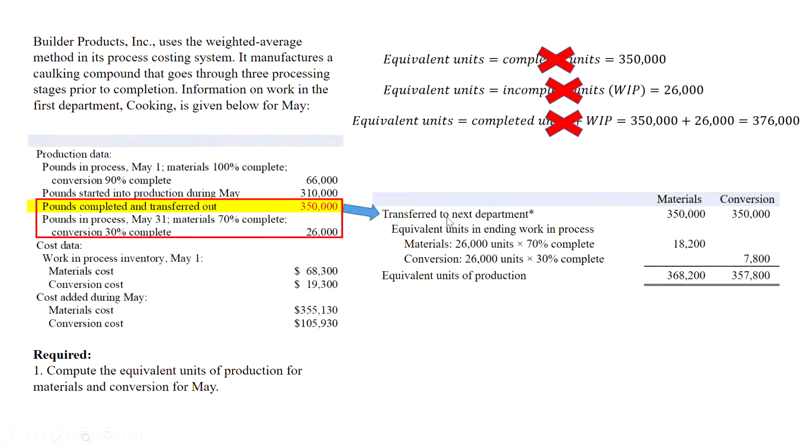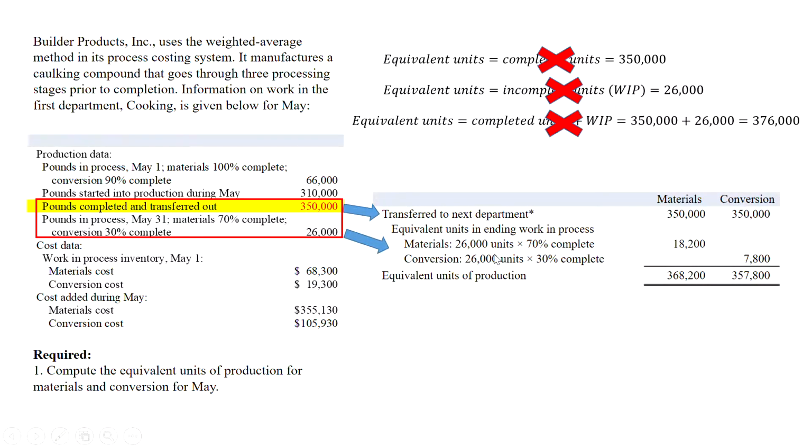First step is I just said, hey, I want to add in the number of units completed and transferred to the next department. That's 350,000 no matter if we're talking about materials or conversion. So same number there. But the difference is in the ending work in process inventory. You'll see I started with the raw number of pounds, 26,000, but I multiplied it times the percentage of completion.